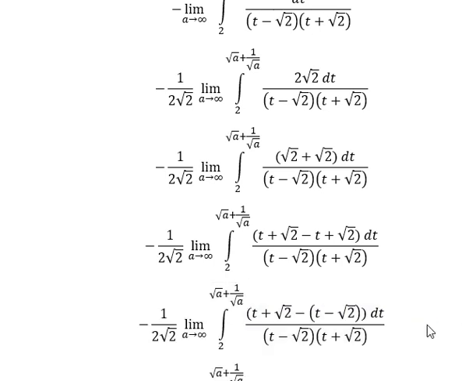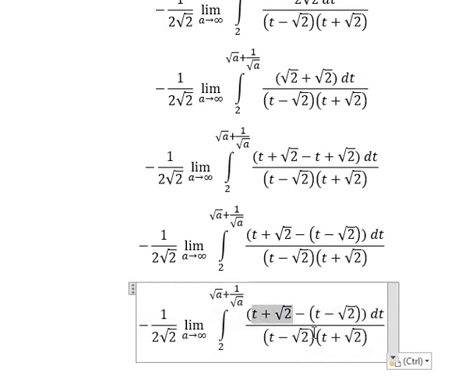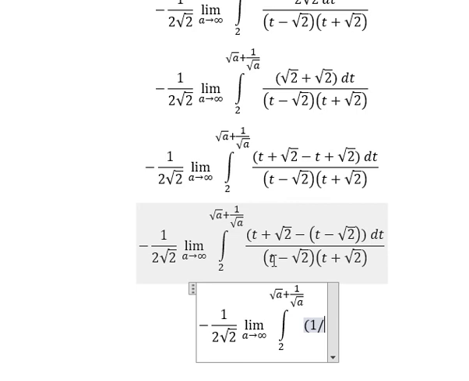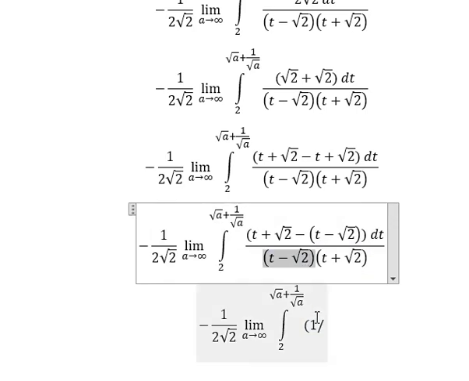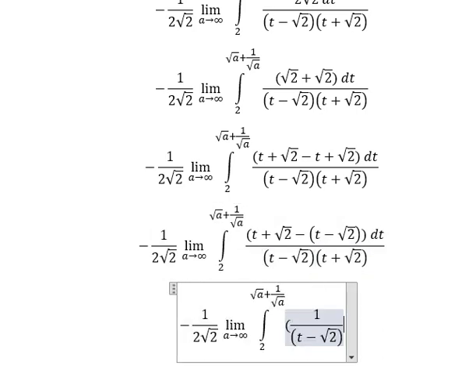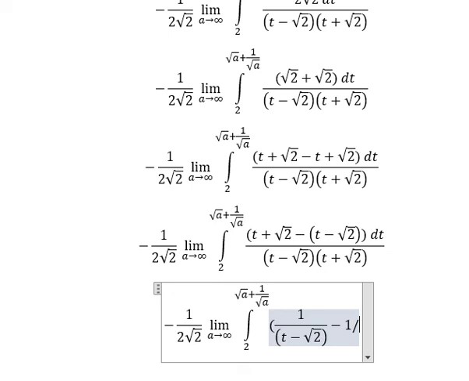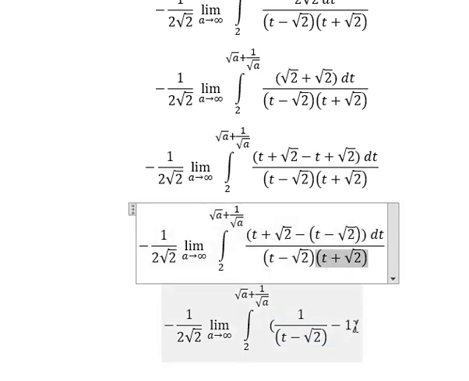Next, this one divide by this one, and this one divide by this one. So we have 1 over t minus the square root of number 2 minus 1 over t plus the square root of number 2.